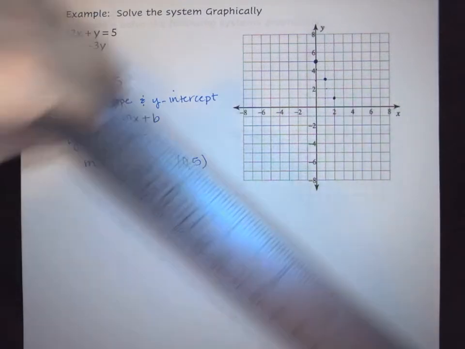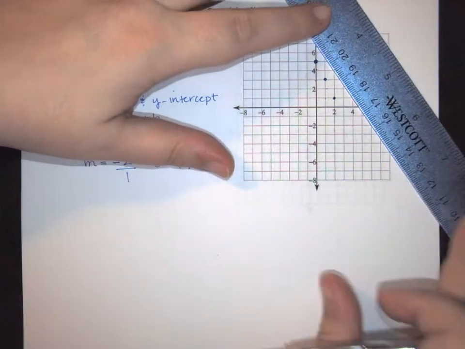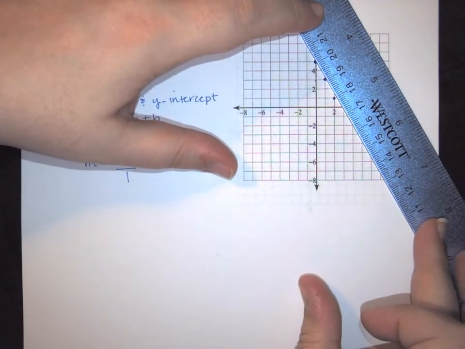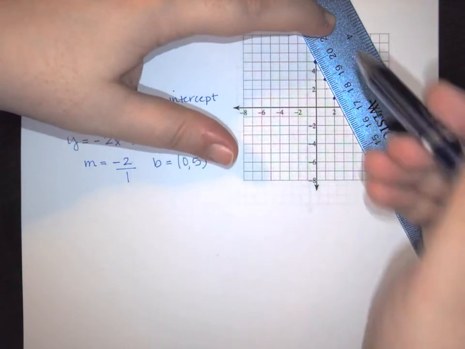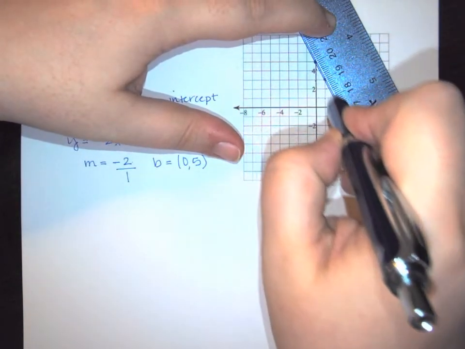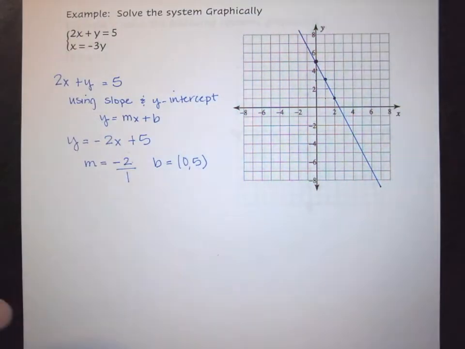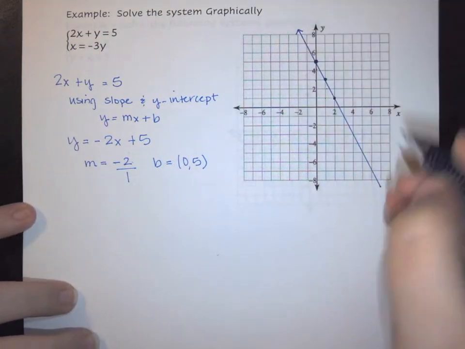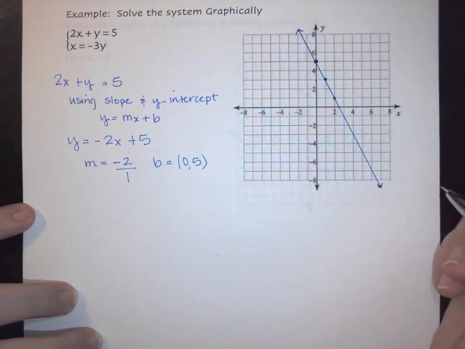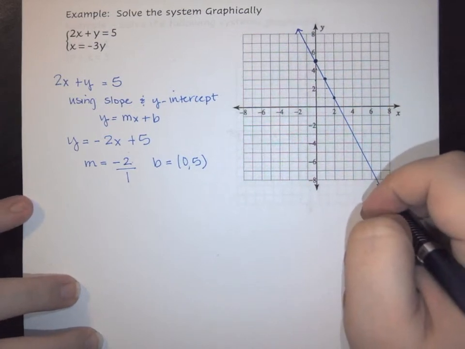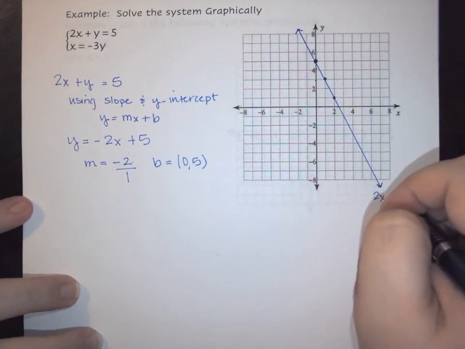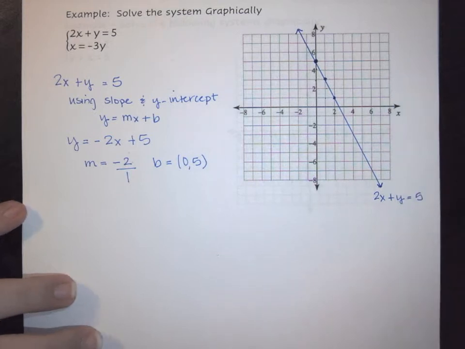What you want to do is then line up your points and actually draw your line or your graph here. So we're going to line them up and draw our line right in. And so here is our equation that we have, and we're going to go ahead and label it. So this was 2x plus y equals 5.